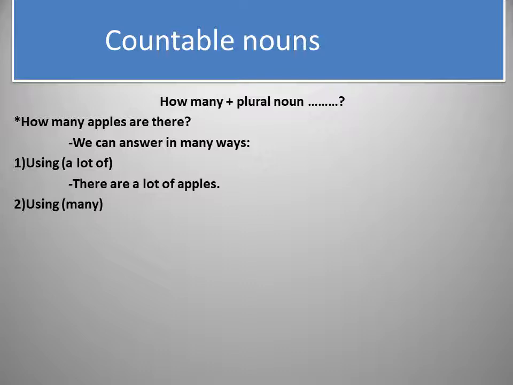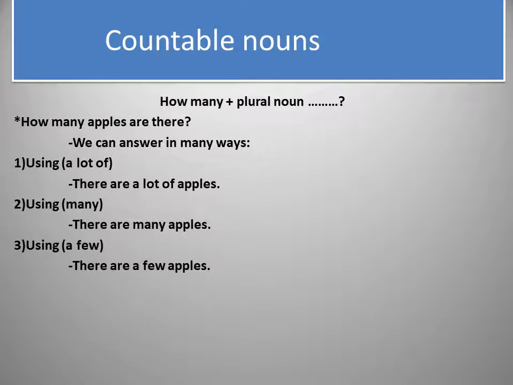We can say there are many apples. Okay. Also we can use a few. We can say there are a few apples.